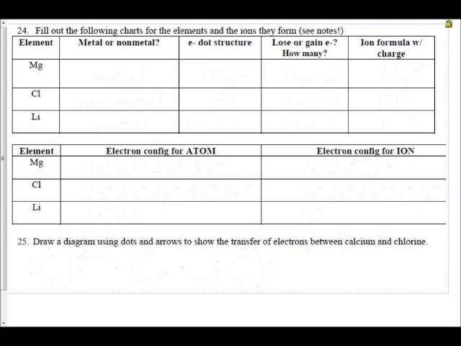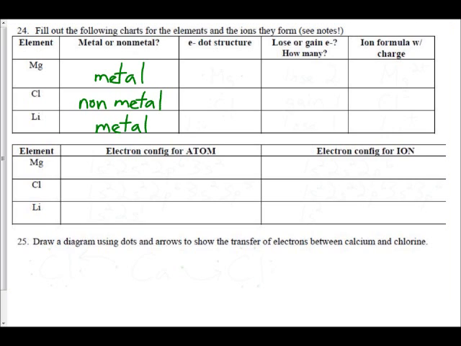Alright, another one we get a lot of questions about is 24. First, you want to decide, is it to the left or right of that zigzag line? So magnesium is to the left. It is a metal. Chlorine is to the right, so it's a non-metal. Lithium is to the left of the zigzag line, so it's a metal.